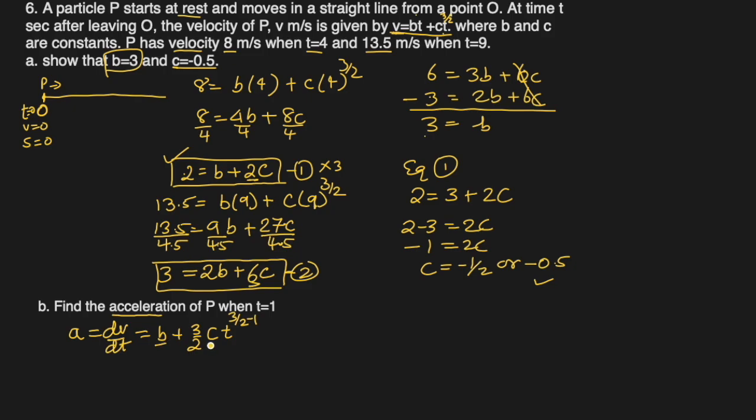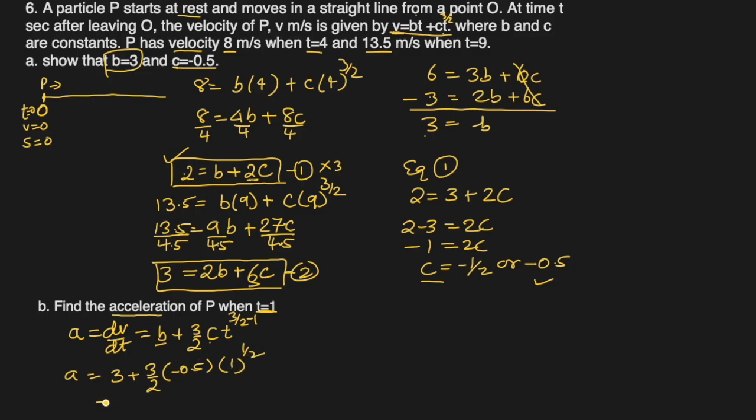Let's substitute the values of b and c because we know them now. Okay, so a will be equal to 3 plus 3 over 2 times negative 0.5, that was c, and t is 1 they have given here. So 1 to the power half. 3 over 2 minus 1 is half. Okay, so 1 to the power half is 1.